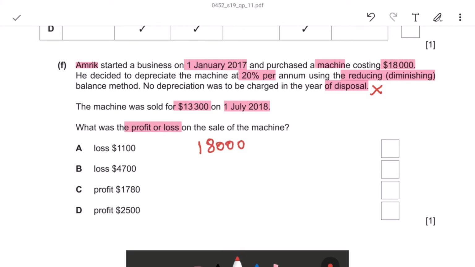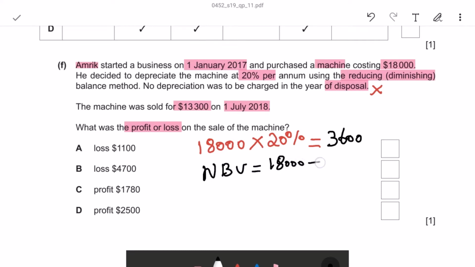First year depreciation, 2017. On 18,000, we calculate 20%. That is 3,600. So what is the net book value? Net book value is equal to 18,000 minus 3,600. 14,400 is the net book value.